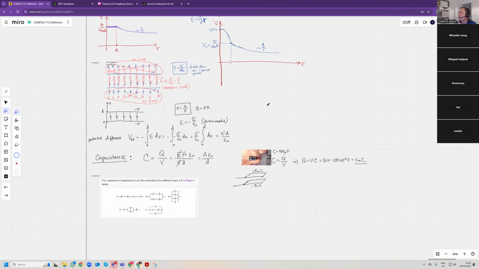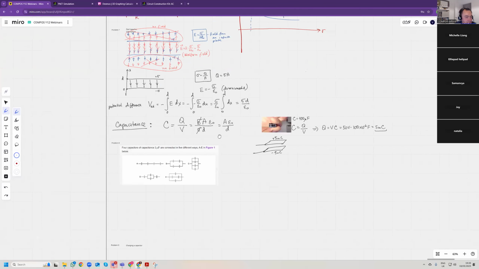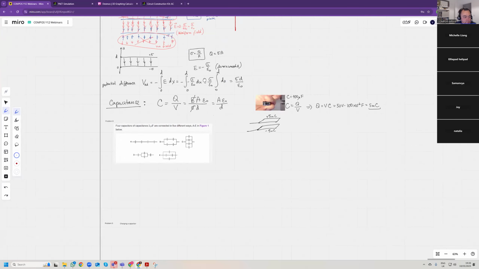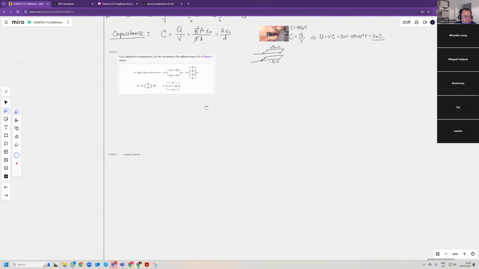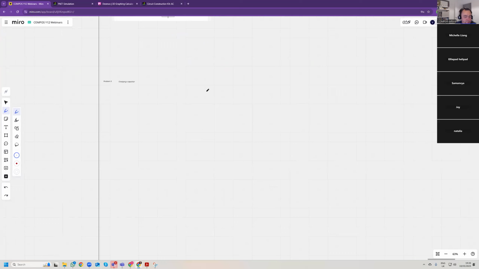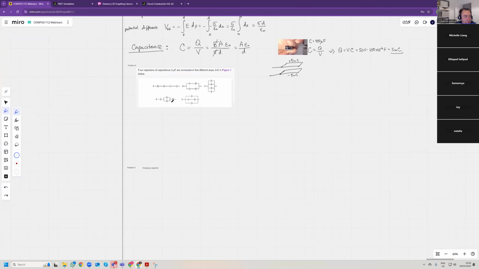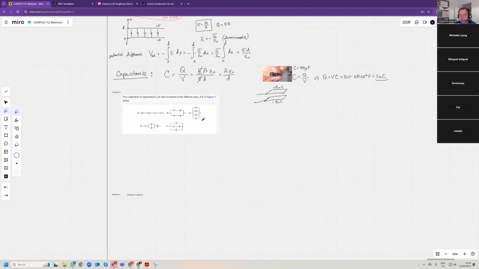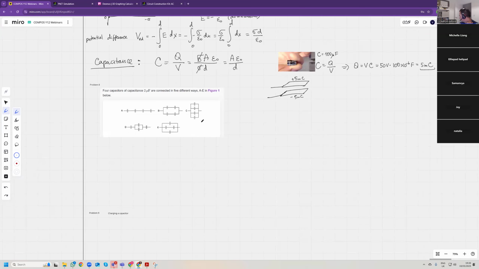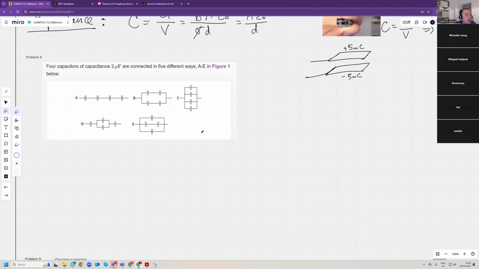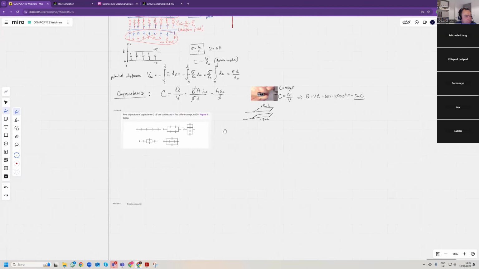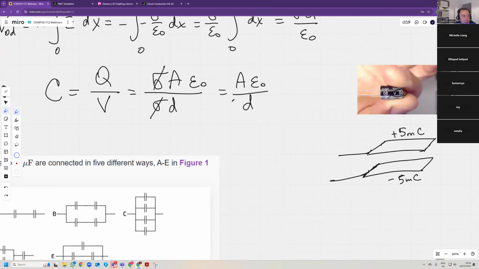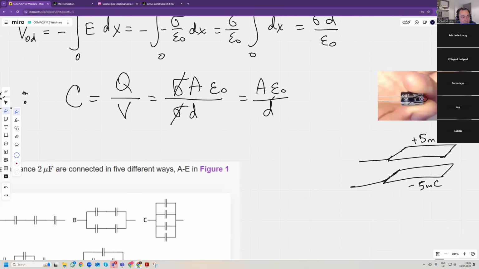Okay. Now you have the next problem. Sorry, the capacitance of a capacitor depends on the area and the distance between them.